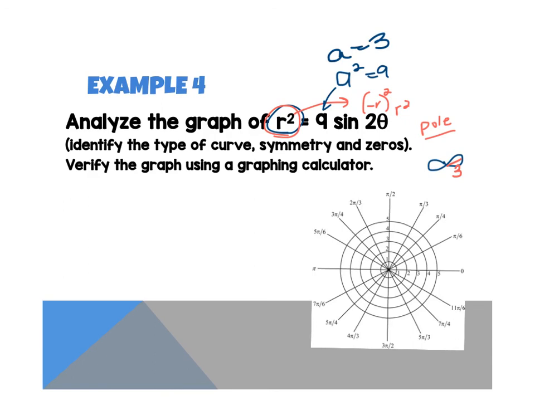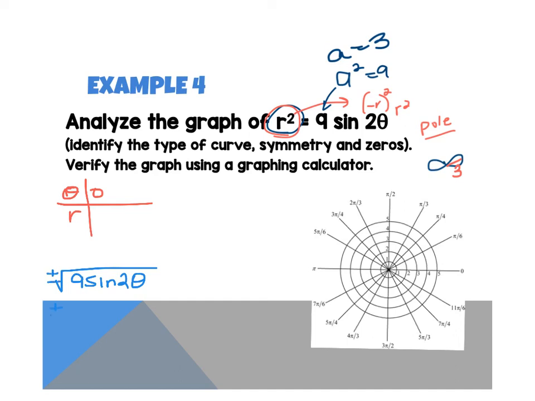And again, I would start with the first quadrant. So I will start with theta and r. And let's just say I do 0. So plug in 0, 9 sine 2 theta. And this is equal to r squared, so I'm going to have to square root this, putting a plus and minus in front of it.